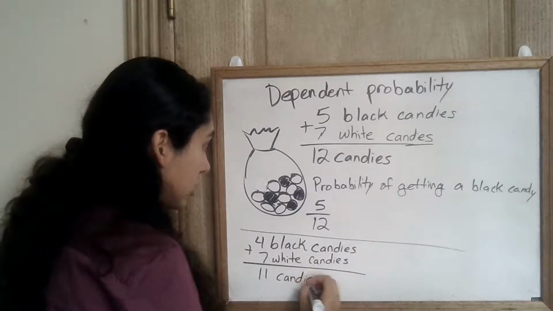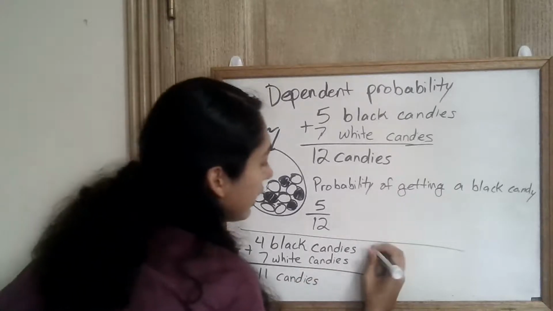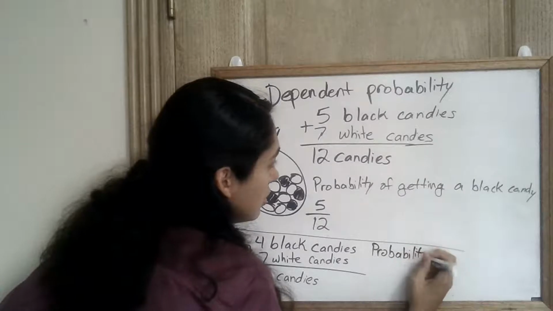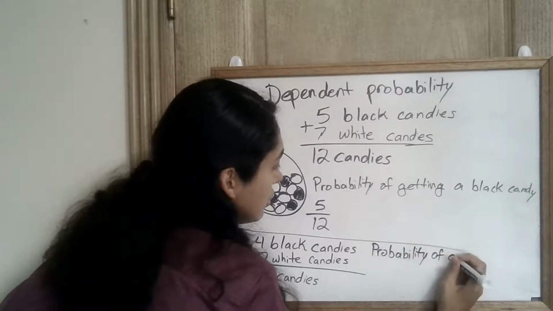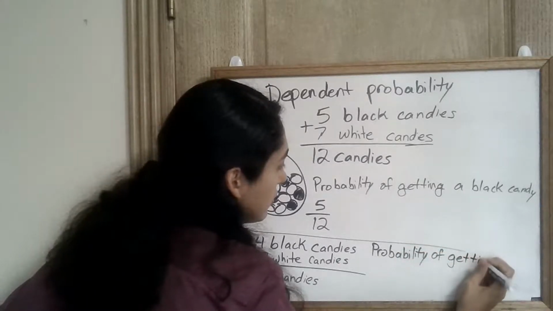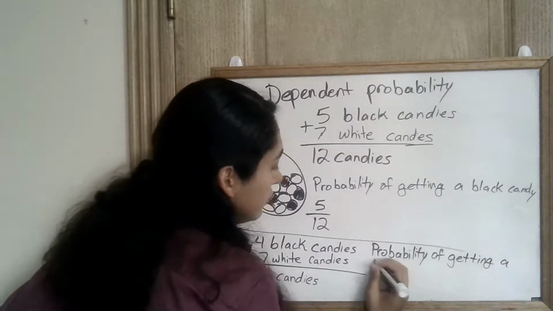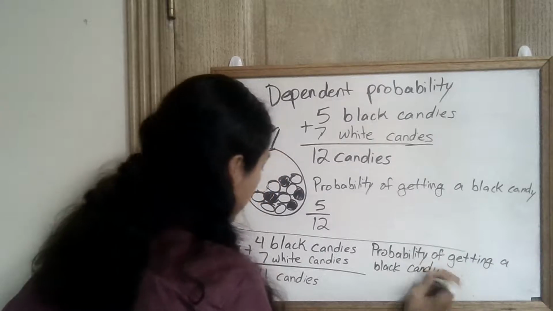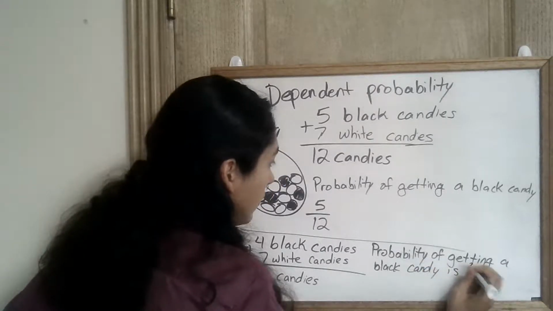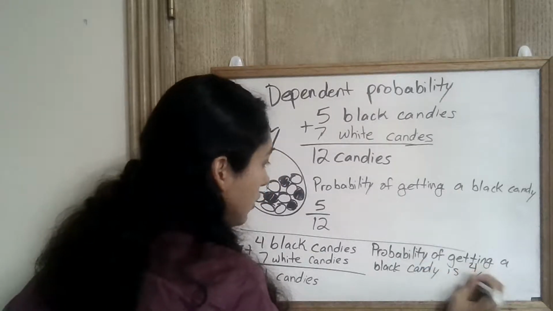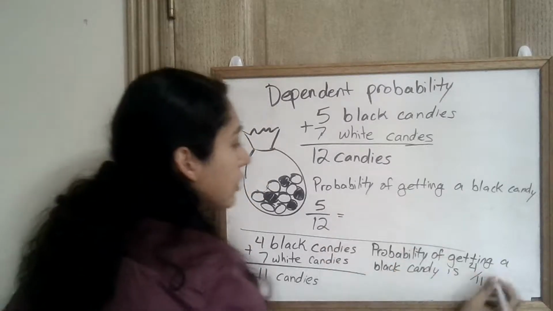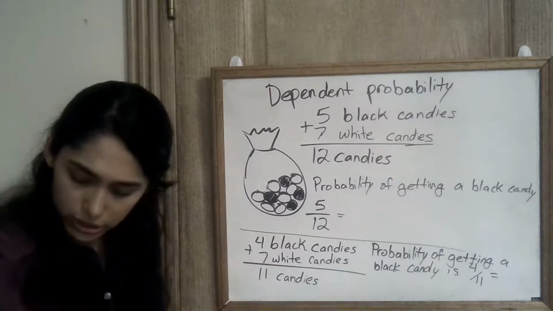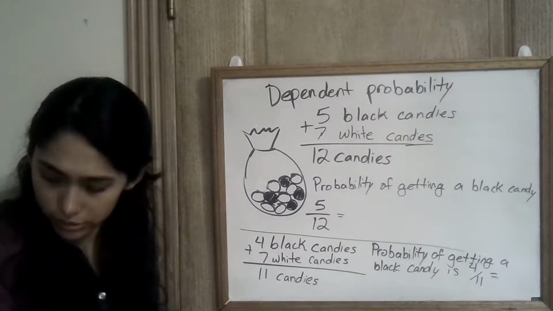So the probability of getting the black candy changes to 4/11. If we go ahead and just convert this to a percentage, I'm going to show you this interesting phenomenon.